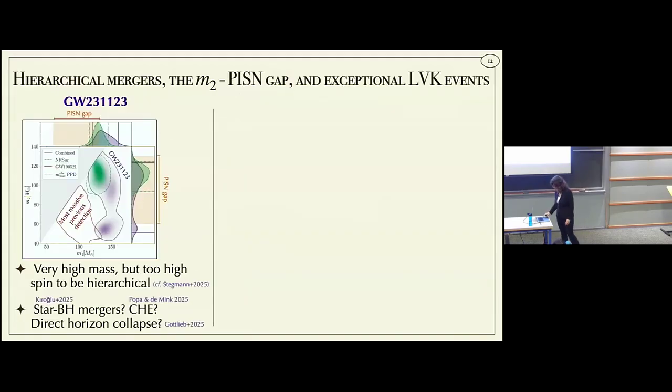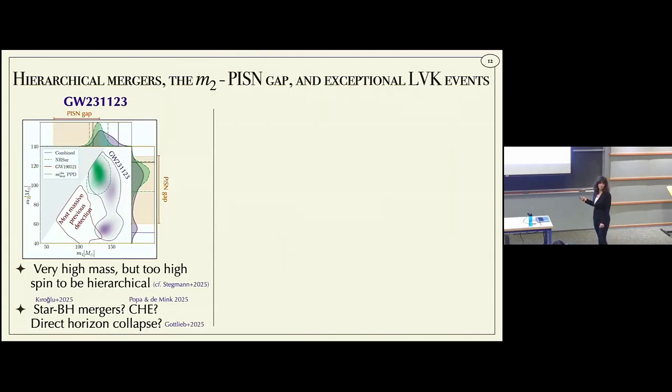So how do we make sense of this in light of the few exceptional events that have been highlighted by the LVK? We've talked a lot today about GW231123. There were nice presentations on that earlier. This is a super high mass event, but the spins are too high to be explained by a typical hierarchical merger scenario. This could be star-black hole mergers, so accretion, which Fulia talked about earlier.